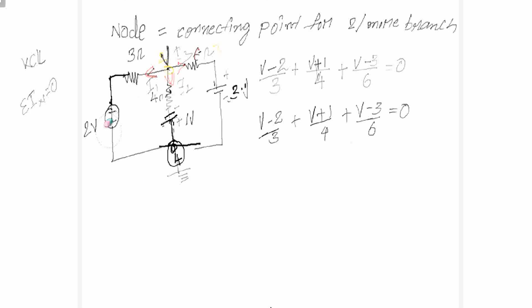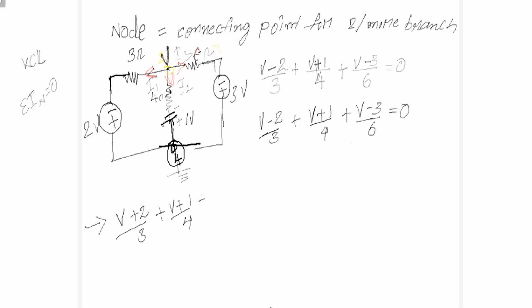For example, if I consider the polarity as minus plus 2 volts, and minus plus 3 volts, then the equation becomes V plus 2 by 3 plus V plus 1 by 4 plus V plus 3 by 6, and here you will get 0.